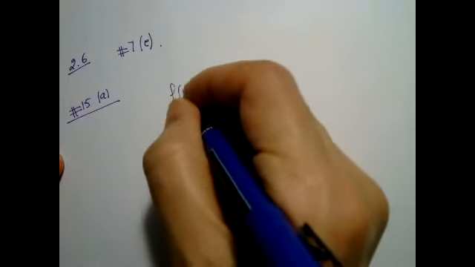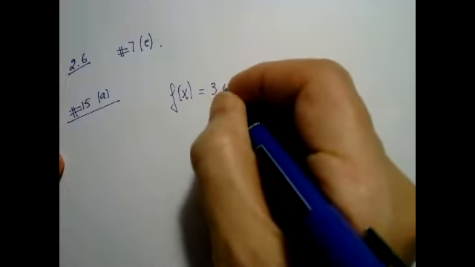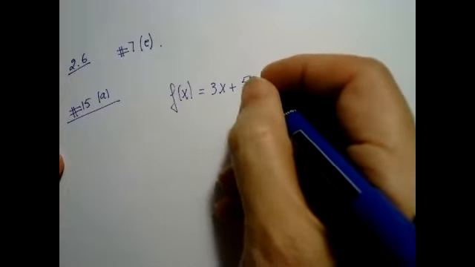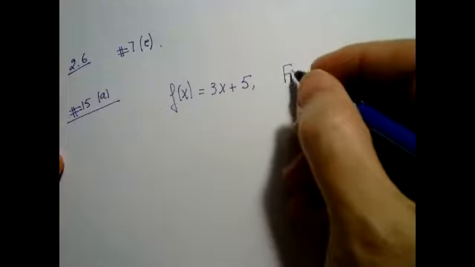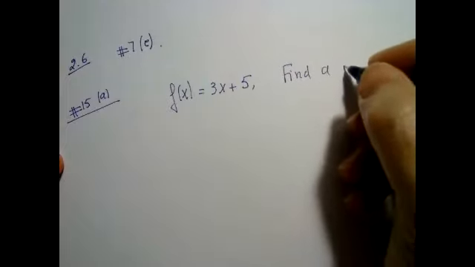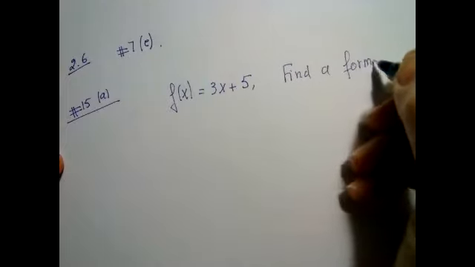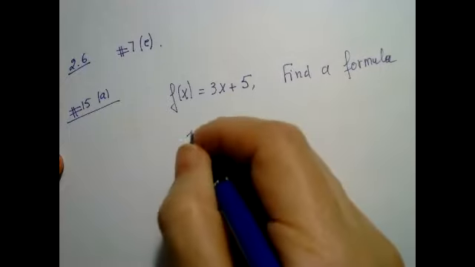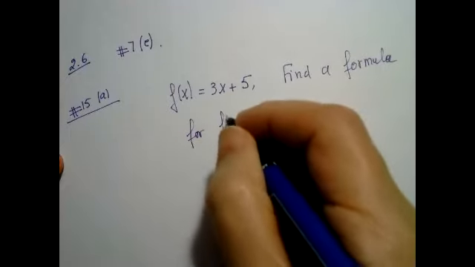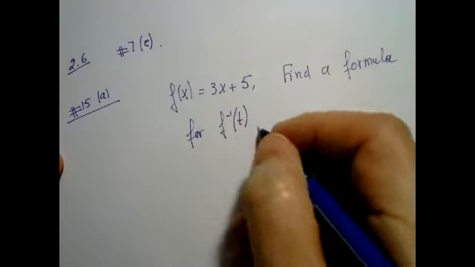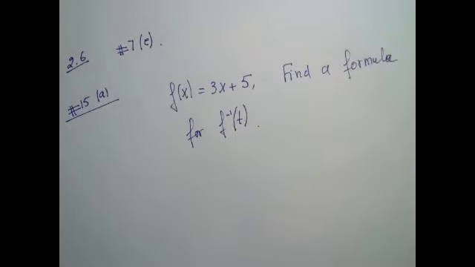So here we have a function f of x equal 3x plus 5. And the question is, find a formula for f inverse of t. So let us remember how we do that. We need the formula for f inverse of t.